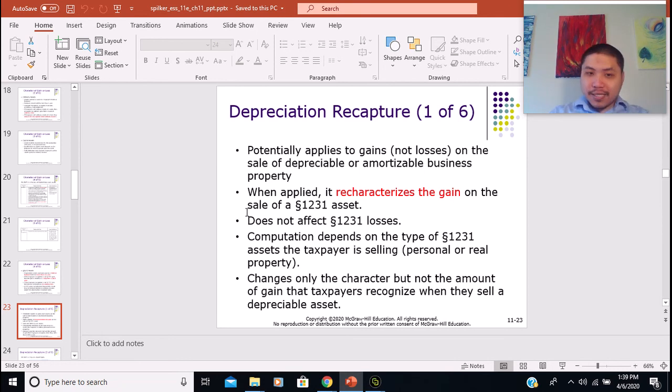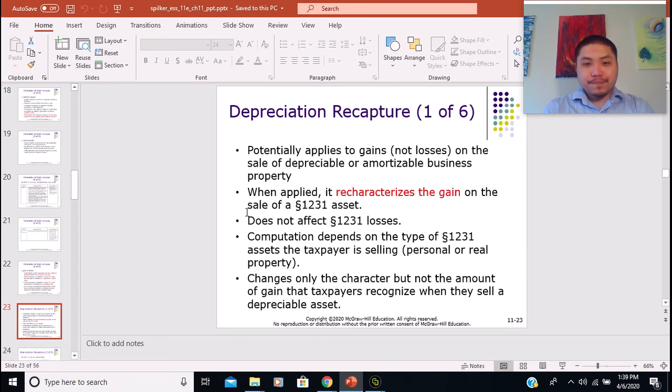So that is the basic idea behind the depreciation recapture rule. It is created just to recapture the gain generated from depreciation and treat it as ordinary gain. Basic as simple as that.